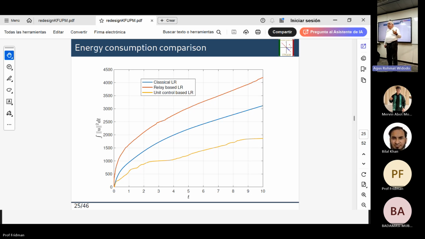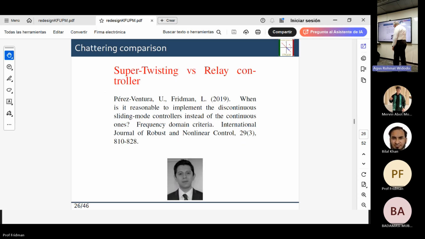And that was a first attempt to do it. It is precisely the papers where I've shown when it is reasonable to substitute this discontinuous controller with continuous one, which still gives you a finite time convergence, and also even convergence for the first derivative.